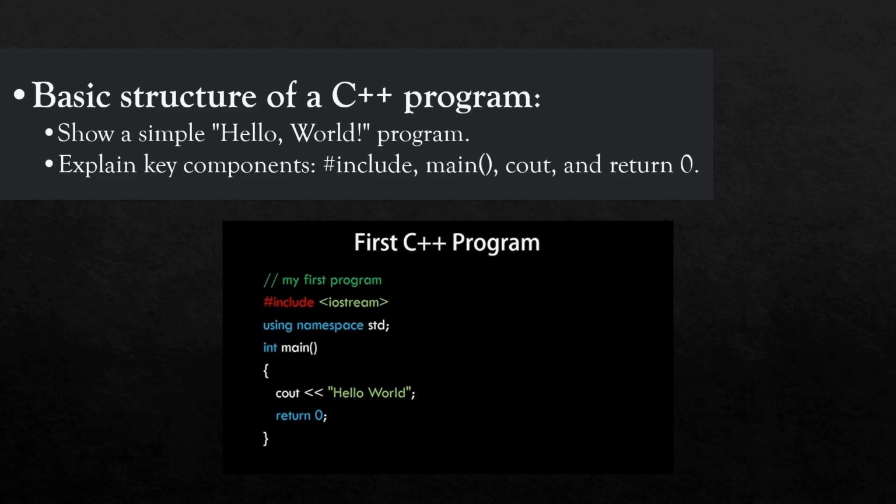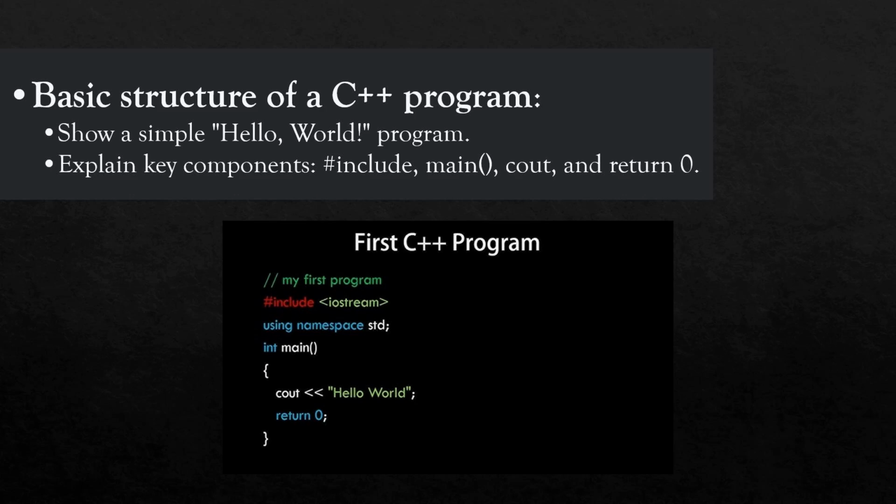This line includes the input-output library, which allows us to use cout for printing text. using namespace std; this line tells the compiler to use the standard namespace, so we do not have to type std:: before every command.